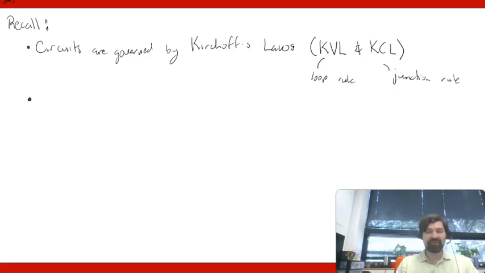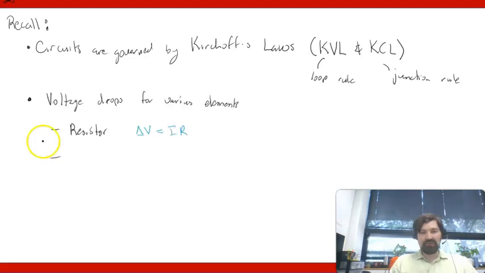Second item is that the voltage drop across a resistor is given by current times resistance. For a capacitor, the voltage drop is given by the charge divided by the capacitance. And for a battery, we can just use the battery EMF unless we want to include some internal resistance.